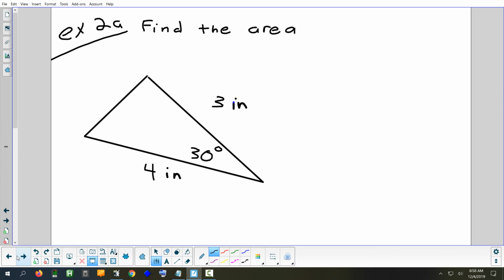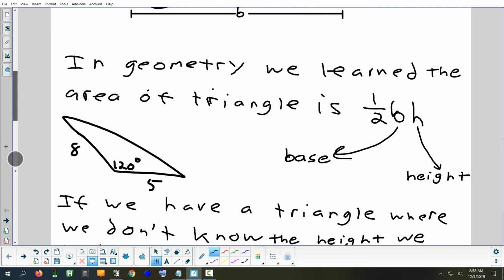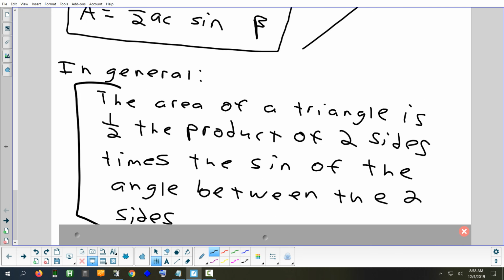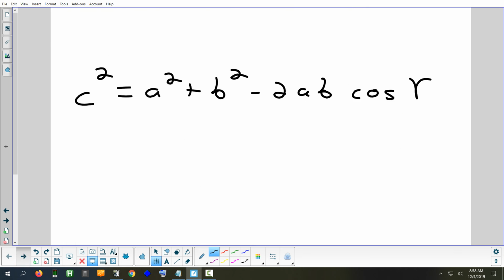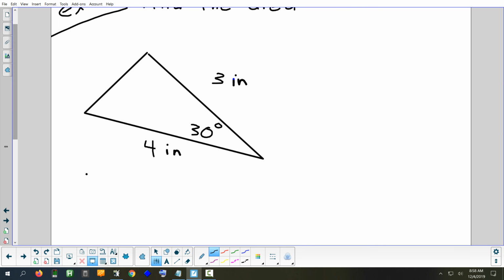Okay, let's look at this one. Okay, so what's different here? I already told you guys. You don't know which side is which. Doesn't matter. As long as you understand that, you've got enough information in the diagram I just gave you to do that. All right.